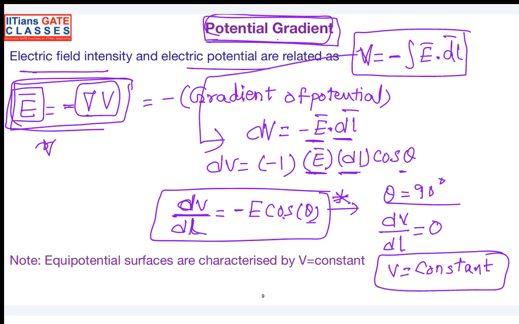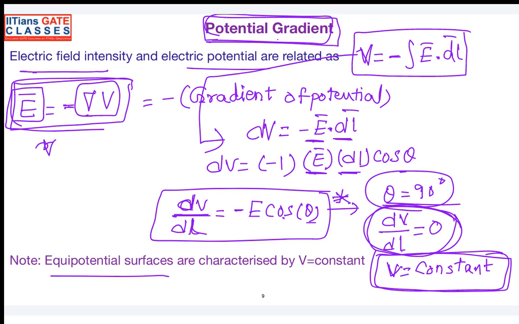So when you are moving perpendicular to the electric field, no change in the potential occurs. When you trace all the points where the potential is constant, those surfaces are said to be equipotential surfaces.